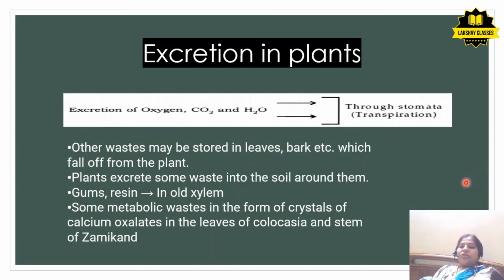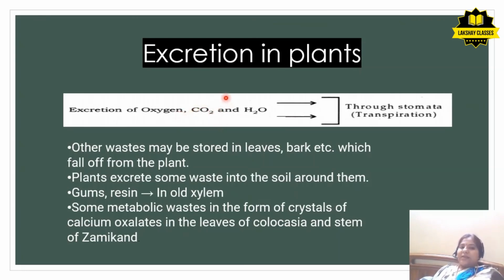So excretion not only takes place in animals, but it also takes place in plants. So how and what do plants excrete? Excretion of oxygen is there in plants. All of you know this, that during the process of photosynthesis, oxygen is the excretory product, right?